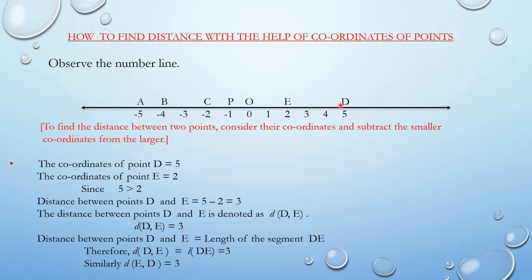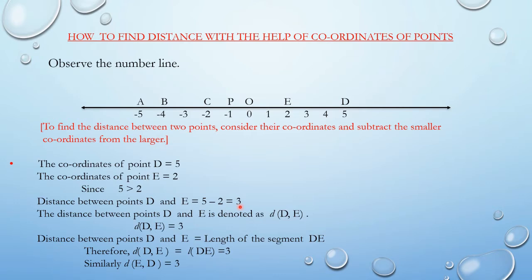To find the distance between two points, consider their coordinates and subtract the smaller coordinate from the larger coordinate. In this number line, the coordinate of the point D is 5 and the coordinate of the point E is 2. We know that 5 is greater than 2. Therefore, the distance between the points D and E is equal to 5 minus 2, which is equal to 3.